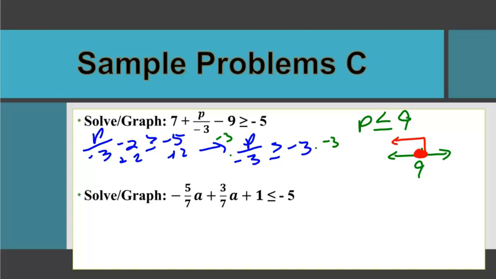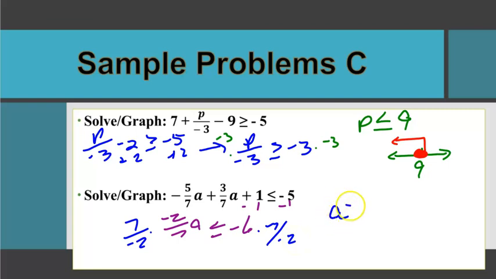Next, negative 5/7 a plus 3/7 a is a negative 2/7 a. If I subtract 1 on both sides, I now have less than or equal to a negative 6. The opposite of multiplying by negative 2/7 is multiply by 7 over negative 2. Because I'm multiplying by a negative number, I flip the symbol.